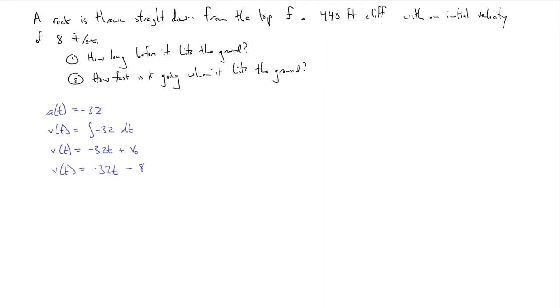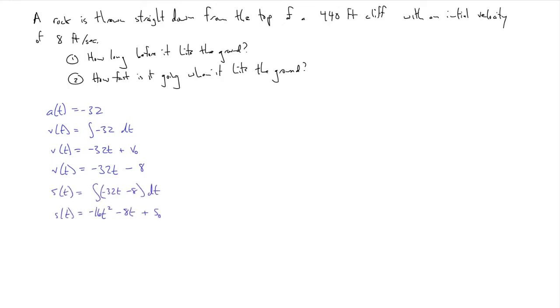And hopefully you caught on to my not so subtle hinting that the initial velocity of 8 feet per second in the downward direction meant that v0 is equal to negative 8. And so the velocity function is negative 32t minus 8.